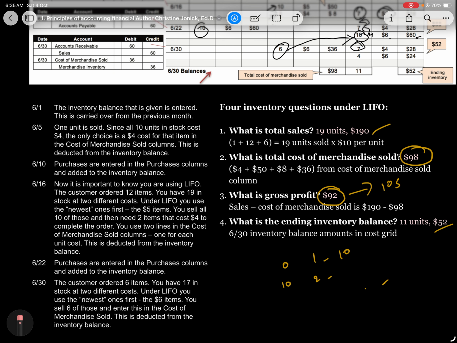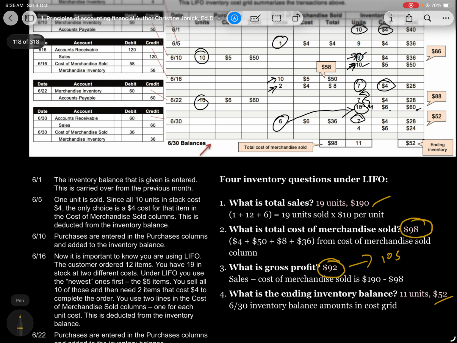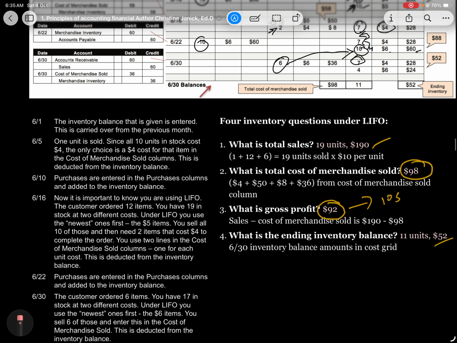Let me make you understand this thing as well. We normally tend to use this formula to get COGS, right? Opening inventory plus purchase minus your closing stock, right?